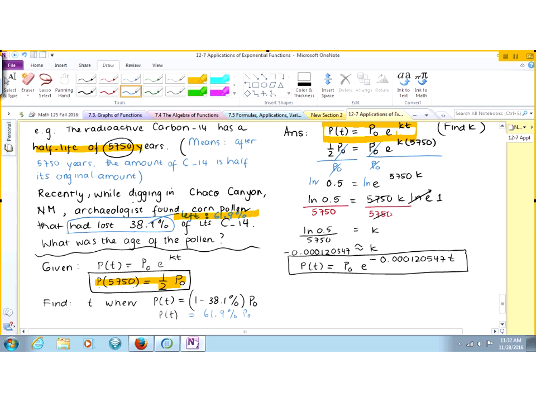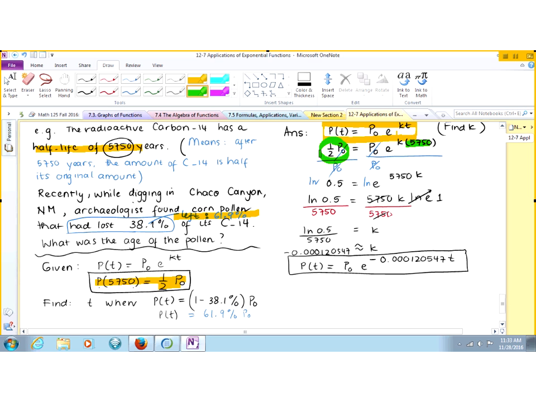Make sense? Okay, now the way we do it, we write down the formula, which is the exponential decay formula, right? And we know that P, this is 5,750, and we know the amount is half the original amount. So after 5,750 years, the amount is half the original amount.